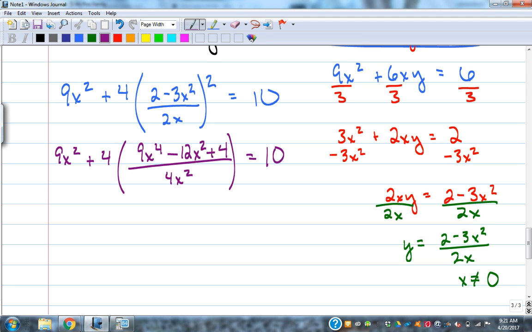You square the front piece, that's 9x to the 4th. Square the last piece, that's the plus 4. Multiply them together, that's 6x squared. Double it, 12. Now we have to multiply everything by 4. But the good thing is this 4 on the bottom and that 4 just cancel each other out.